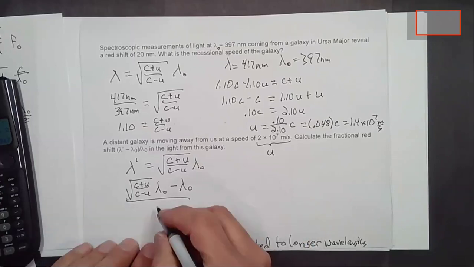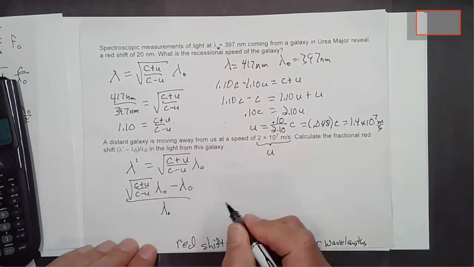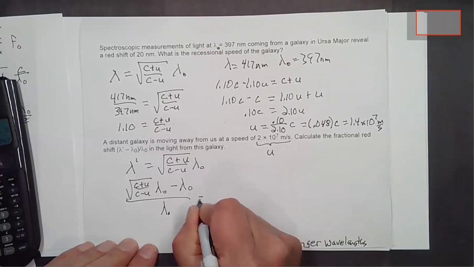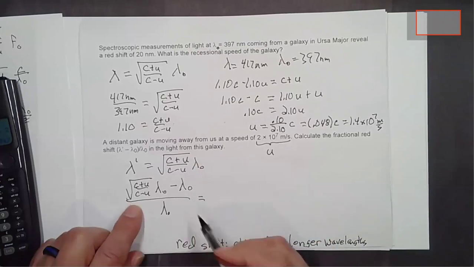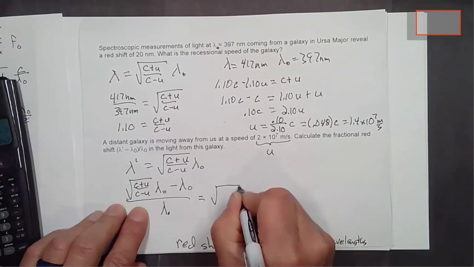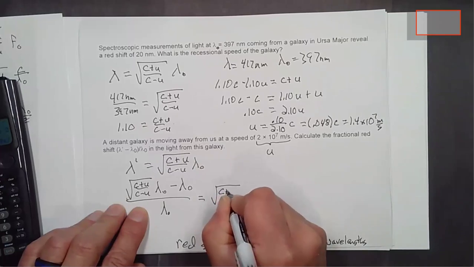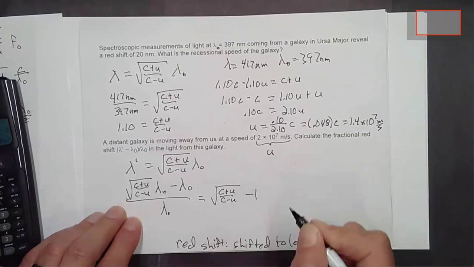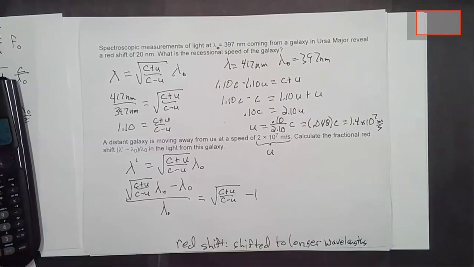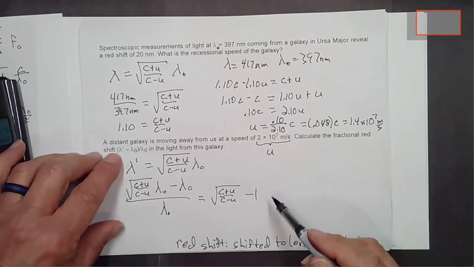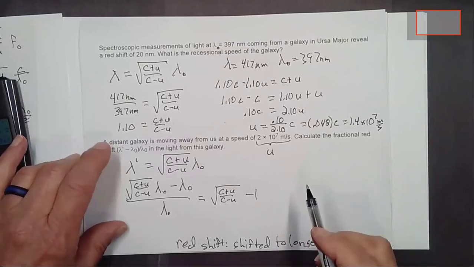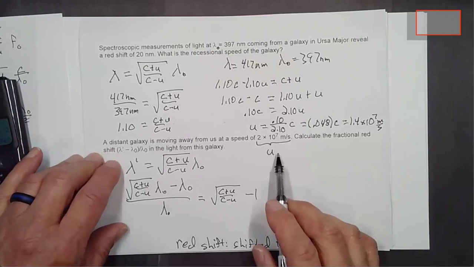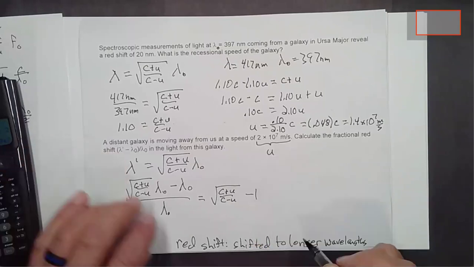If I divide that by lambda naught, I get the fractional difference in the wavelengths. And what this ends up being is the square root of (C plus U) over (C minus U) minus 1 is the fractional shift in the wavelength. So I guess I'll have to just plug in the numbers on this thing.